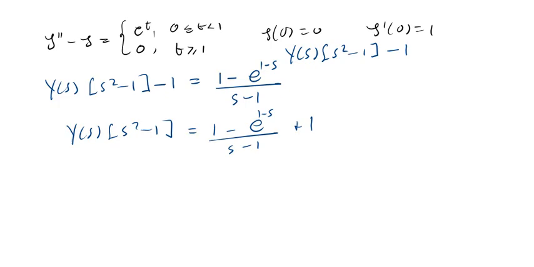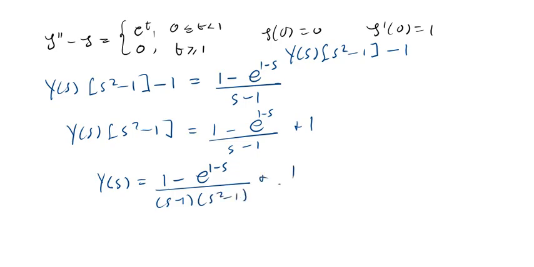So divide both sides by this. You have Y of s equals 1 minus e to the 1 minus s divided by (s minus 1)(s squared minus 1), plus 1 over s squared plus 1, like this.